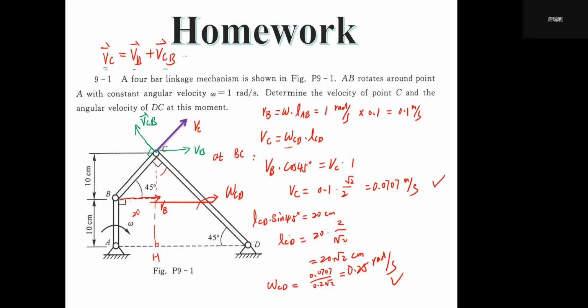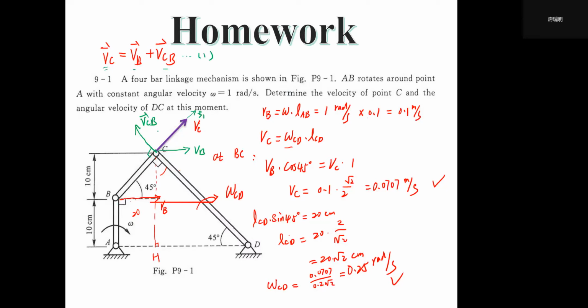So if this is expression one, let us do this projection. We project this vector equation to this direction BC, which means from B to C. So from B to C is the positive direction, right?